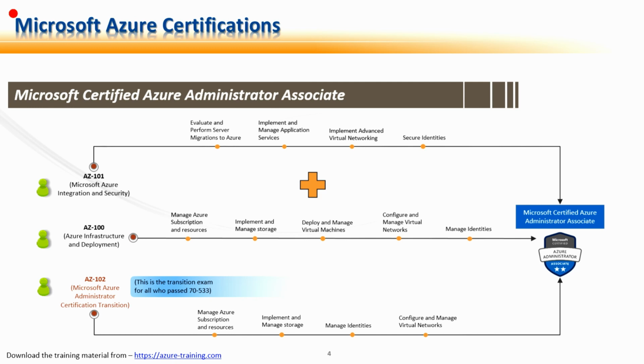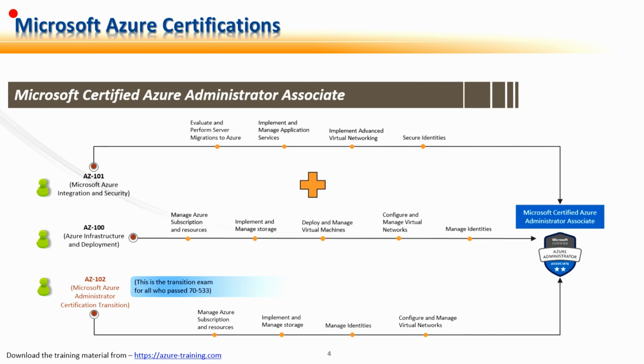Manage Identities is all about configuring the domain name services or the domain name, and creating identities for users to be able to use the Azure portal and use the resources which they are allocated to.